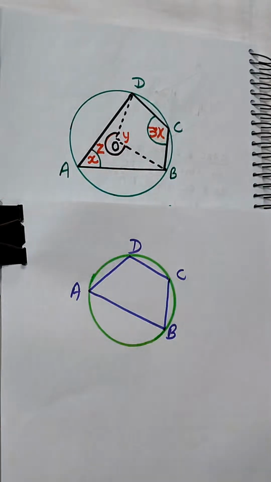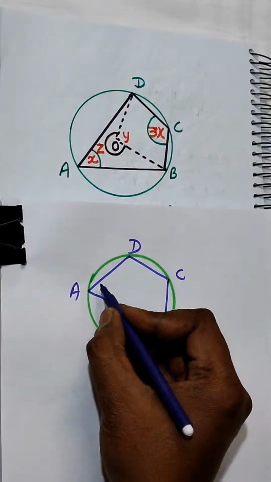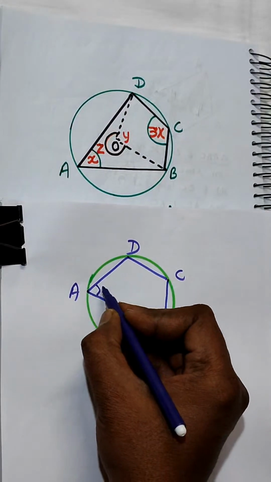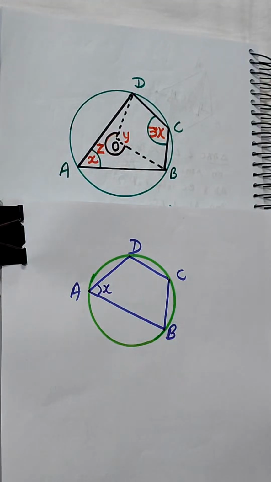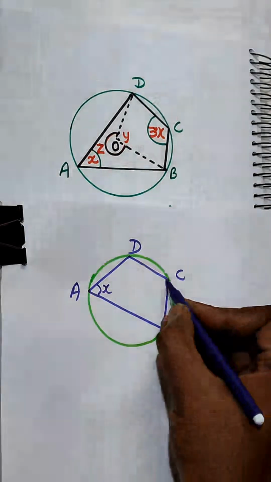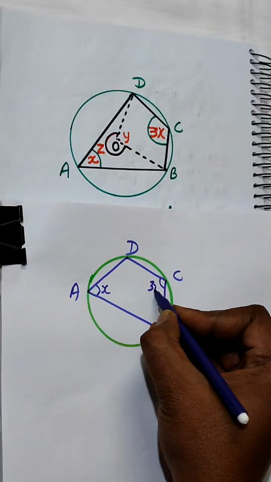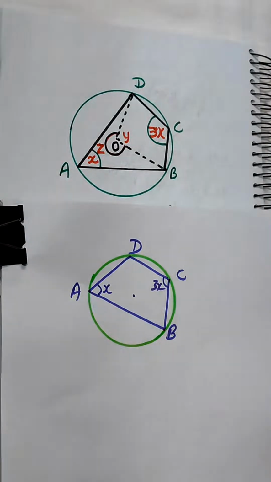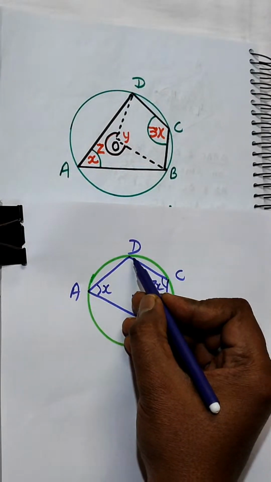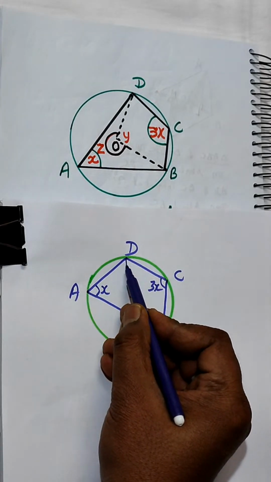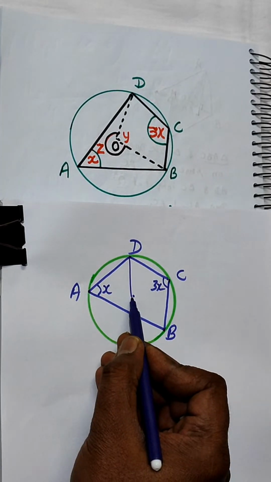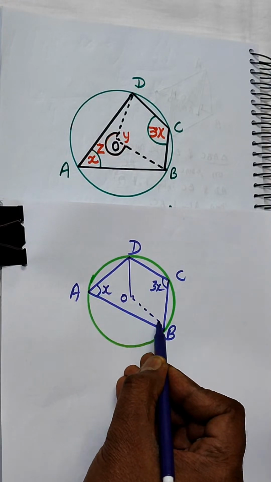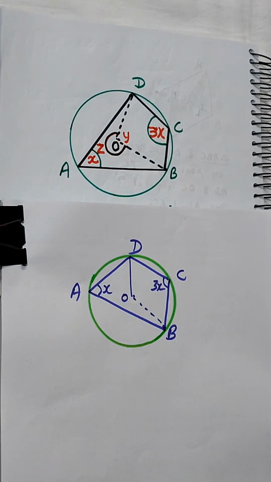Then we need to find, if this angle is x, this angle is 3x, and if this is the center of the circle, and let's say it's connected in this way, from D to the center O, and from here it's connected to B like this.